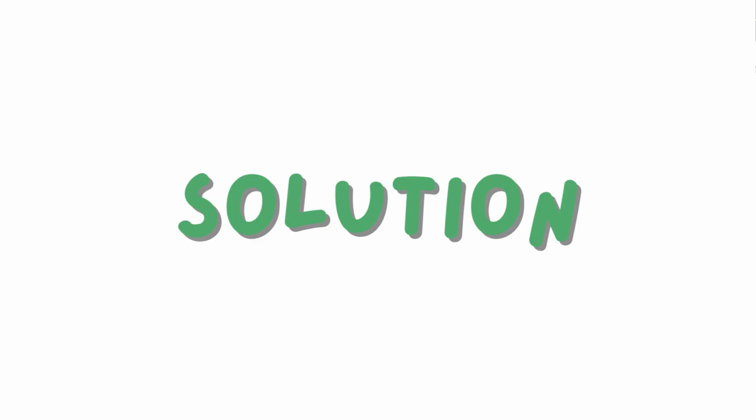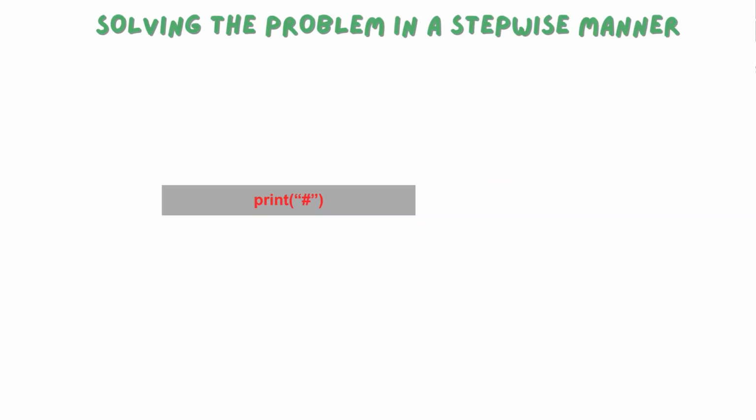So as I mentioned before, first of all, try to think of how you would print a simple hash statement. Print, and you would just write a hash, and it will print one hash, right? I want it 5 times in a row.